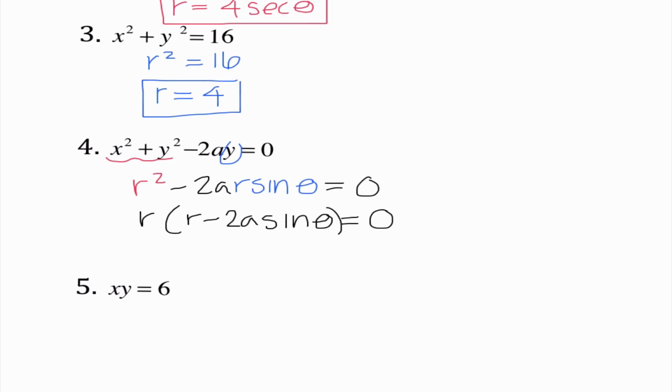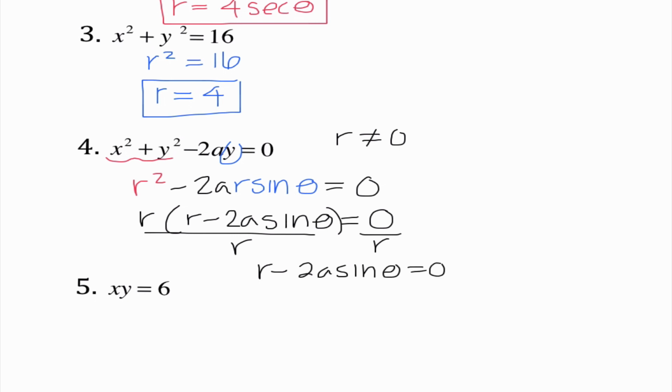I can then go ahead and divide both sides by r, and this is provided that r cannot be equal to 0, just mathematically here. So I get r minus 2a sine of theta equals 0. So r is 2a sine theta.